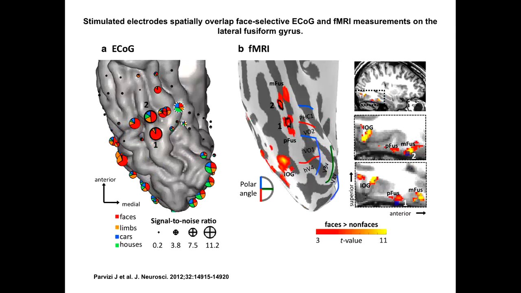First, you don't need to figure this all out, but he got both ECoG recording and localized where the face area was by looking at what area of the inferior temporal lobe was activated when you showed the patient faces.